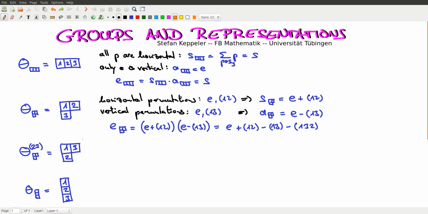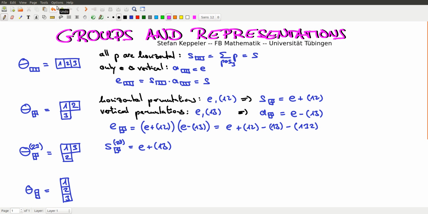And now for the next case, the only difference is that we have exchanged the 2 and the 3 here. So the symmetrizer, now for this other tableau of the same shape, is identity plus (1 3), because 1 and 3 are in the same row.